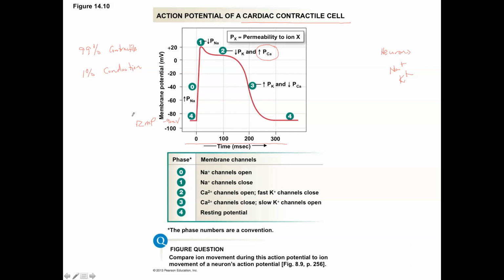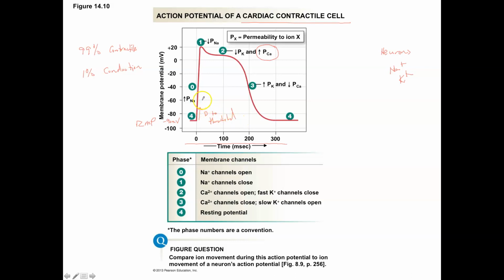As the resting membrane potential begins to change, we begin to see a depolarization to threshold. A depolarization is going in a more positive direction, so we're starting to move towards threshold for the sodium voltage gated channels that are in the plasma membrane of the cardiac contractile cells.